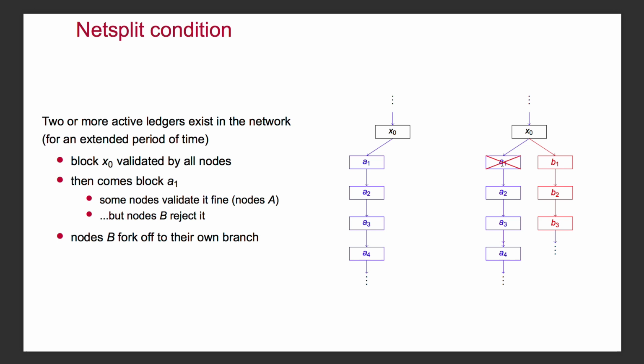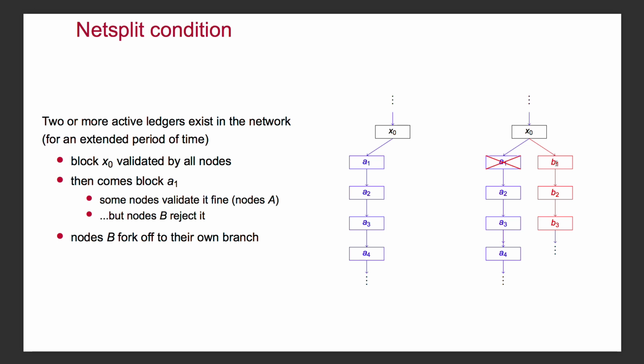So now nodes B rejected block A1, and as a consequence, they also rejected blocks A2, A3, and A4, and they can't do anything with this chain. So for them, the tip of the blockchain is block X0. Since they have mining capabilities, they just mine from X0, since X0 is their last block.